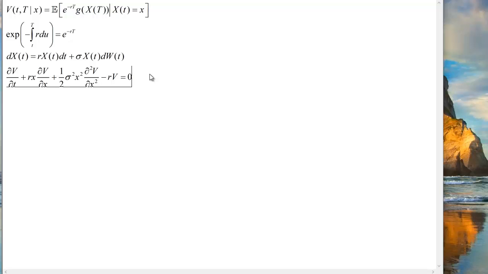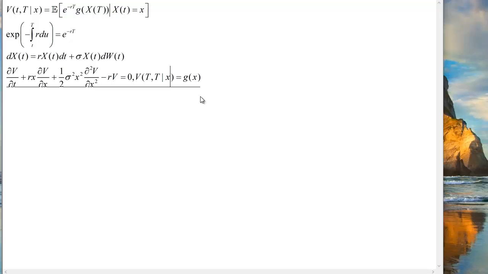Okay, so this would be the Black-Scholes PDE. To make it complete, you should really add the terminal condition, where you would simply say that v, whatever it is x, v at the terminal state is equal to j of x. Okay, maybe the x can be here.